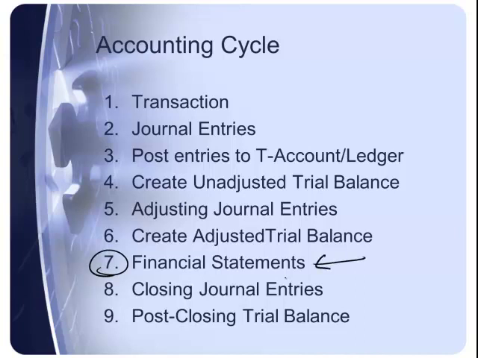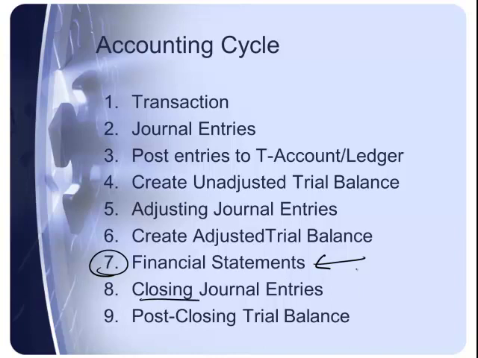This is the step that most people know because they look at the financial statements, so it's a very important step. It's been reported. Our net income was $10,000. Our assets totaled whatever we calculate. So we reported our numbers here.